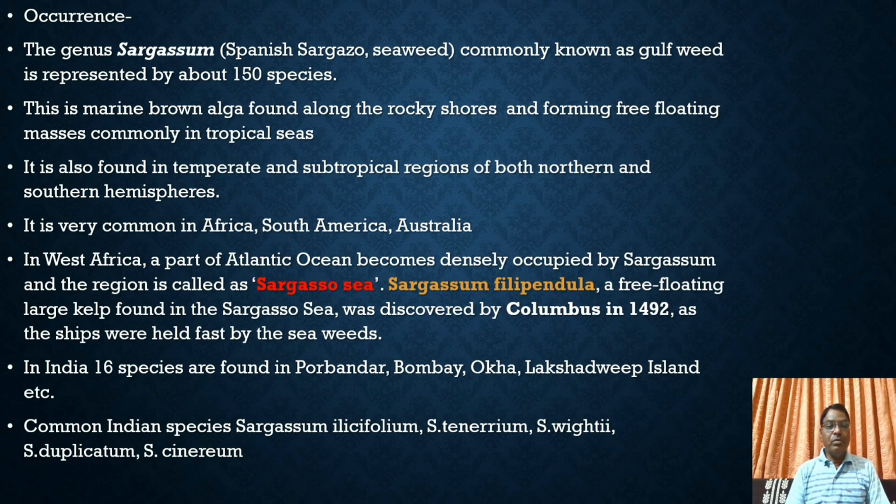It is very common in Africa, South America, Australia, and so on. This alga was growing abundantly, and in West Africa, a part of the Atlantic Ocean becomes densely occupied by Sargassum, and the region is called the Sargasso Sea.